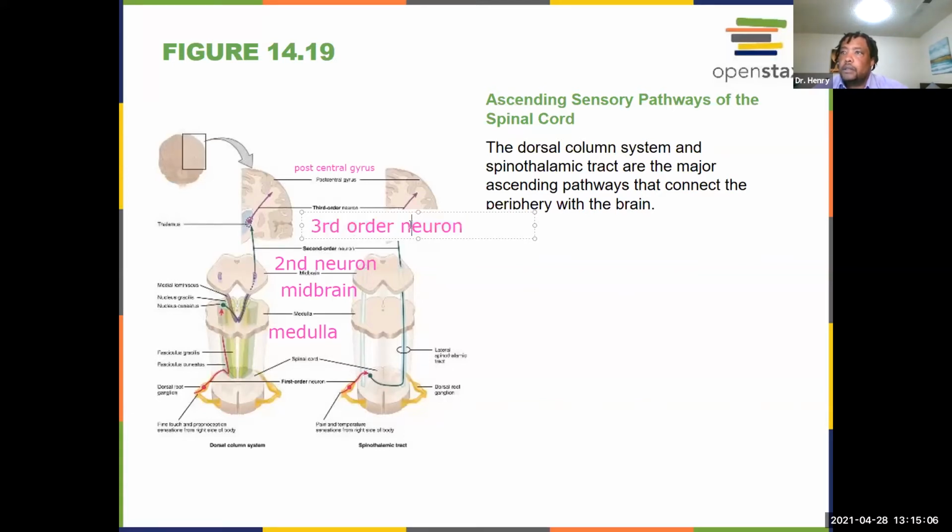Okay, so down here we have our spinal cord, and this represents the dorsal column system. This represents the spinothalamic tract.